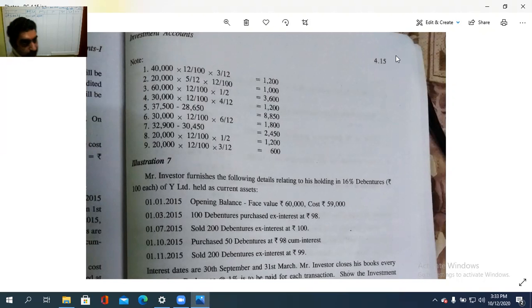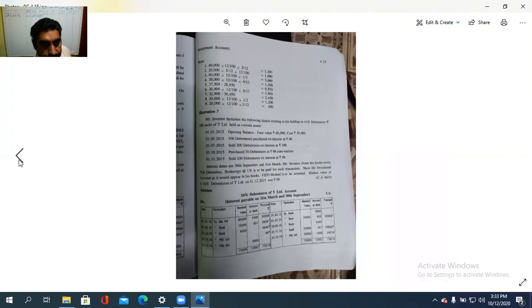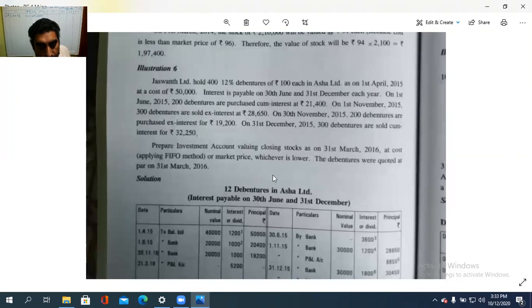This is only for 3 months. Then on 30th June, by bank, how much is the amount? 40,000 into 12 by 100, and here instead of 3 by 12, it is 6 by 12.